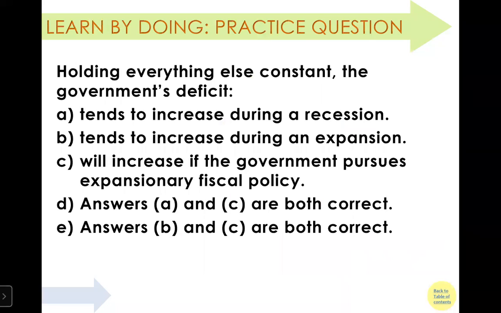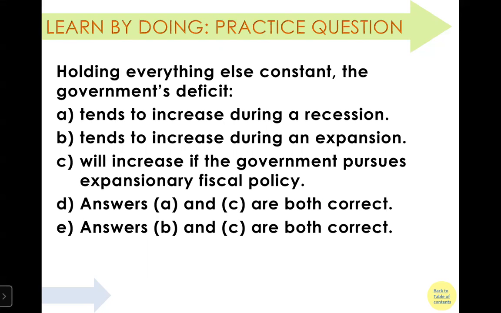Okay, now let's look at another practice question. Holding everything else constant, the government's deficit: A, tends to increase during a recession. That is correct. B, tends to increase during expansion. No, actually it's going to decrease.